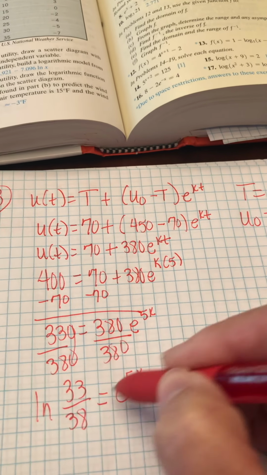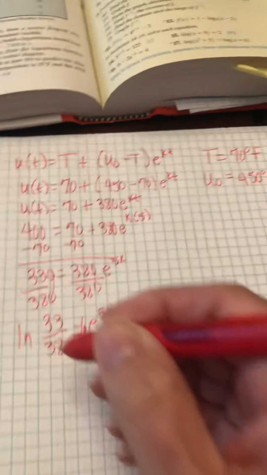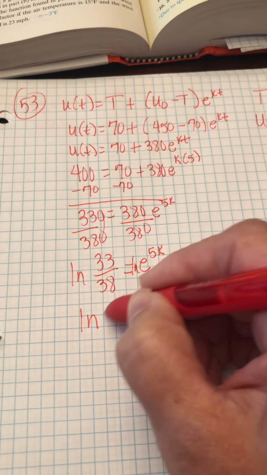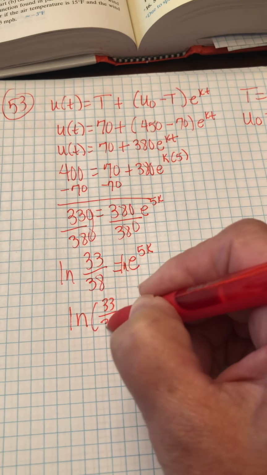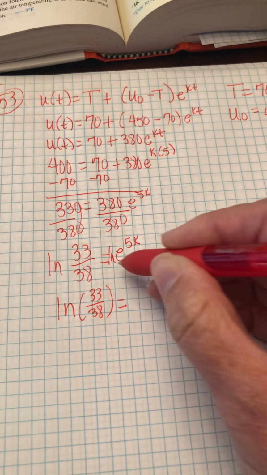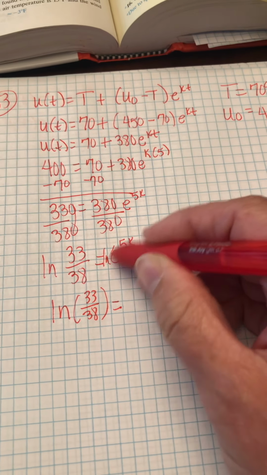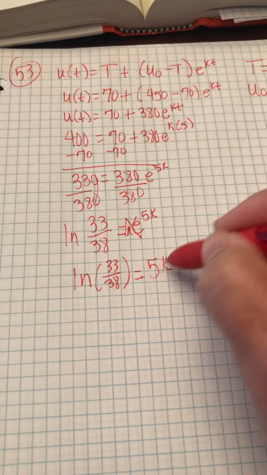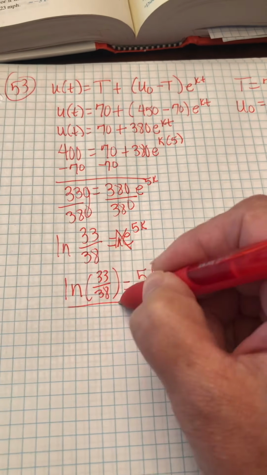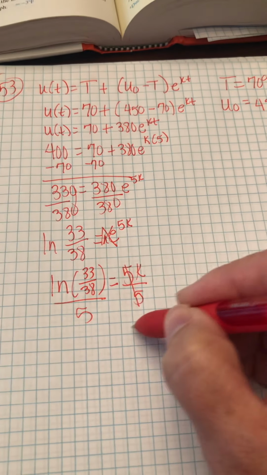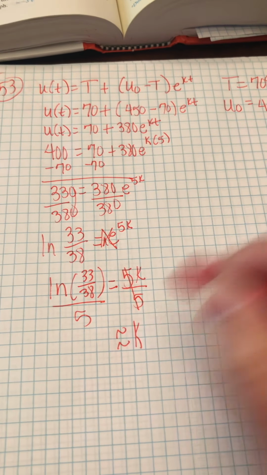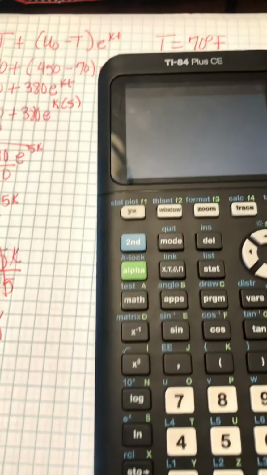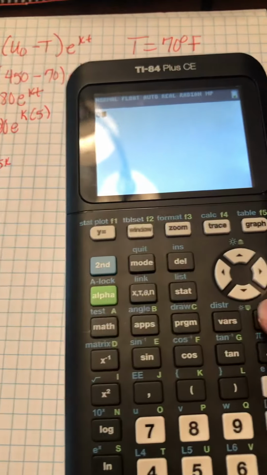Now to get that down, we're going to take the natural log on both sides. So we have the natural log of 33/38 is equal to, the natural log of e makes the natural log of e go away, and that'll equal our exponent, which we can now divide by 5. So K is approximately, let's go to our trusty calculator, let's clear that out.